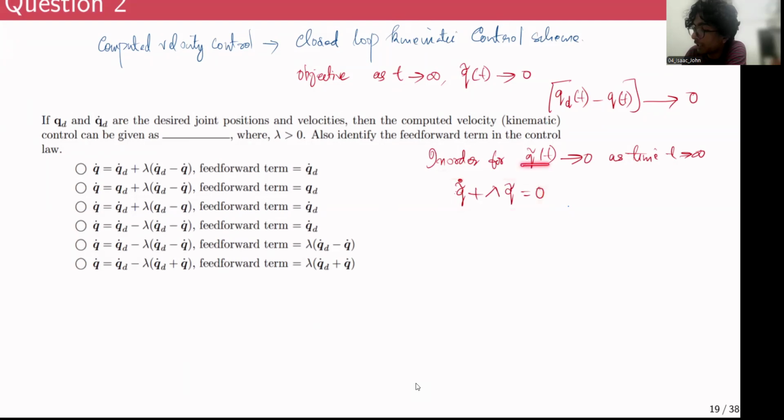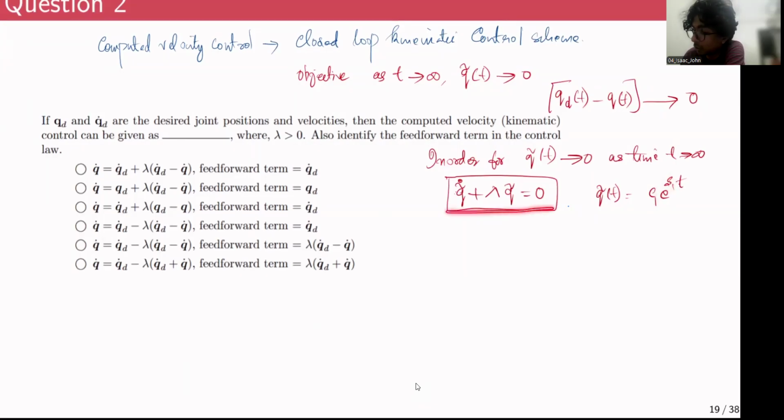Because this is a first order differential equation, and any first order differential equation can be expressed in the general form, q tilde of t would be C1 e raised to S1 t, where C1 is an arbitrary constant and S1 is a constant dependent on the system.